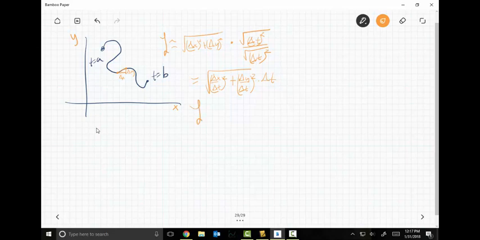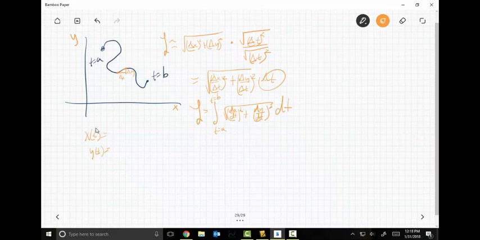So arc length is going to equal the integral from t equals a to t equals b, which are just values, we're not afraid, of the square root of dx over dt, the derivative. Remember, if I've got a parametric, then I've got an x of t and a y of t. So I take the derivative of x with respect to t, square it, add it to the derivative of y with respect to t, square it, and delta t turns into dt. That's pretty easy. Let me do one for you real quick.